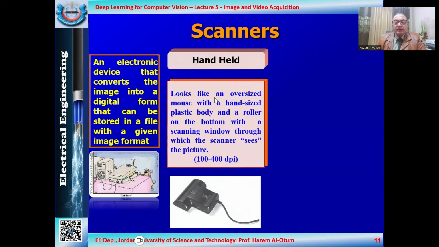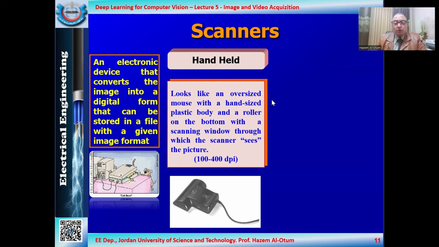Different types of scanners. I'm not going to take a lot of time to talk about these. I think they're very familiar to you. The handheld scanner looks like an enlarged mouse, and it can scan images from documents with a DPI resolution of between 100 and 400.